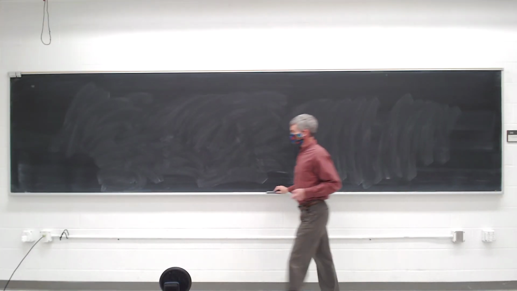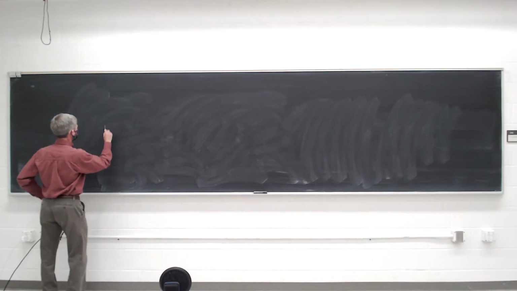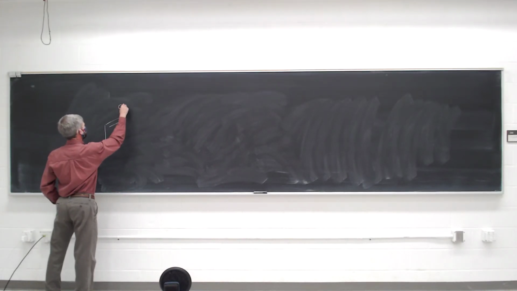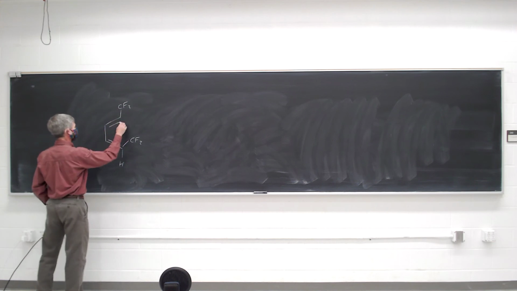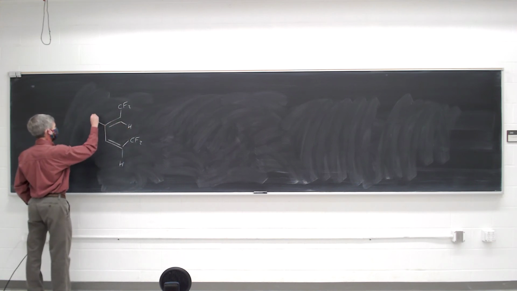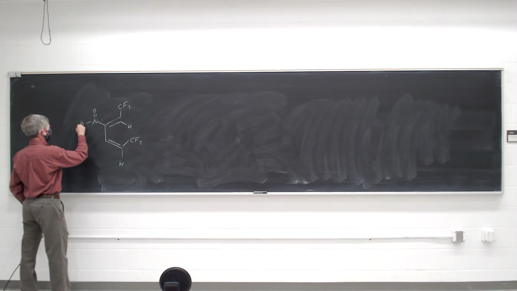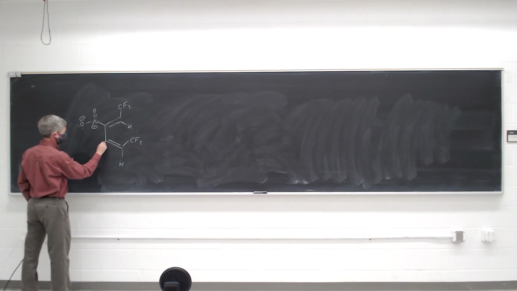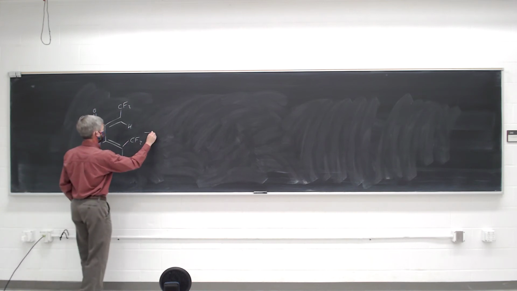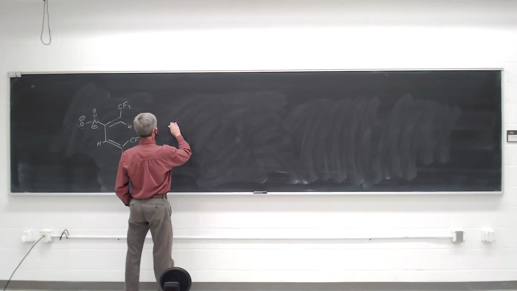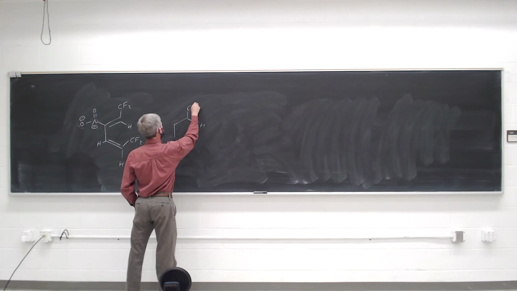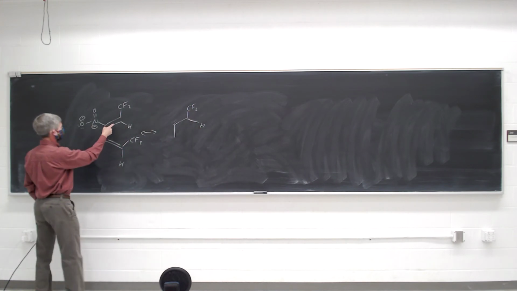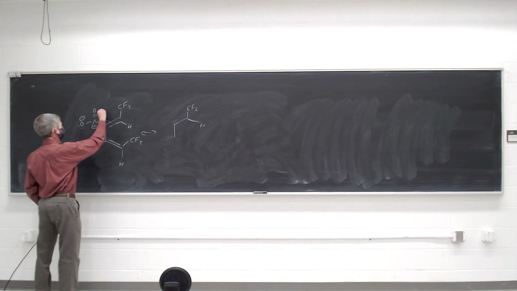Again, the first step is to rotate it into the s-cis conformer. One of the CF3 groups is inside, the other one is out. Here. So we can write a resonance structure for that, where we pull this pair of electrons out to the nitrogen.